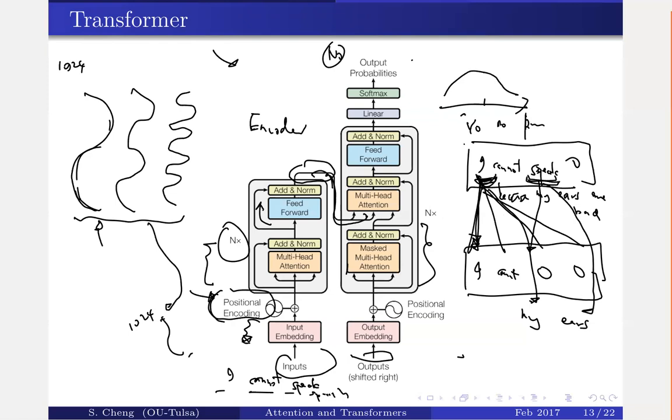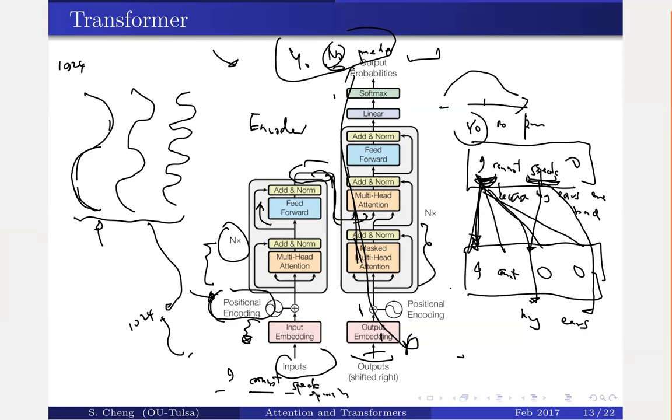You will spit out "yo" first, or "no" first, it doesn't matter. Once you have this, you plug it into here. For example, you have a partial sentence like "yo no puedo", and then you try to predict the next word here.